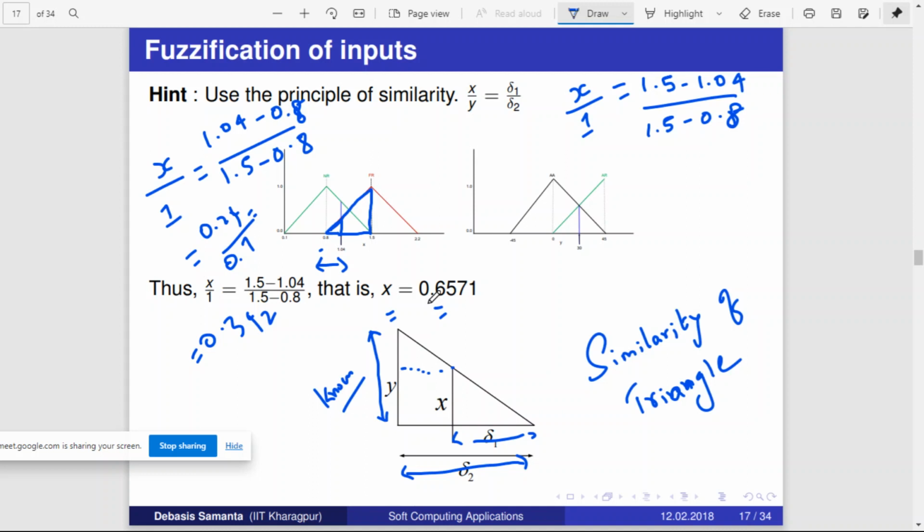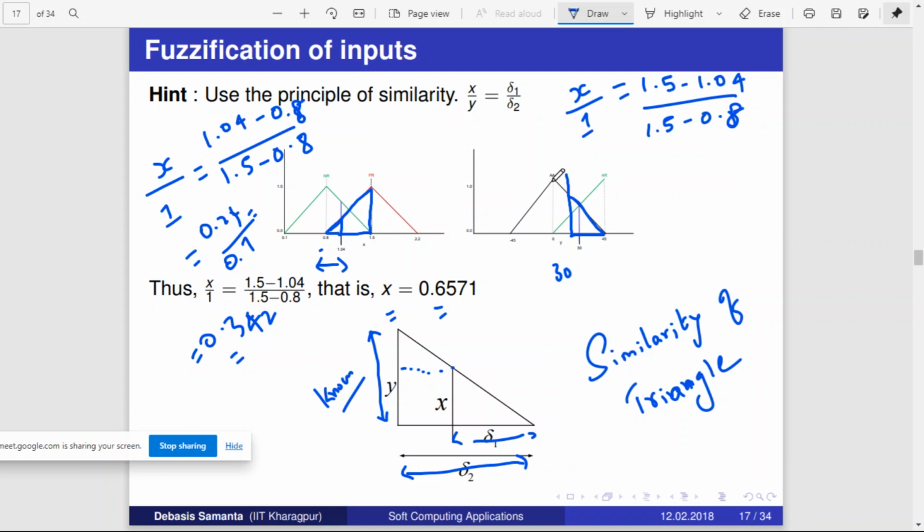Similarly, for angle also you have to calculate. 30 degree, actually this line is wrong, 30 degree will not come in the middle point. 30 degree is somewhere here, so it is going to hit both lines. It hits here and also here. So again we have to consider it like that. This is one part and this is another part.